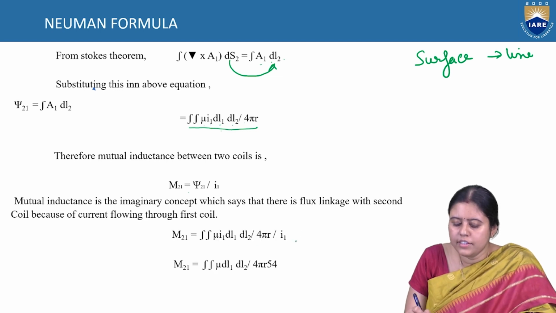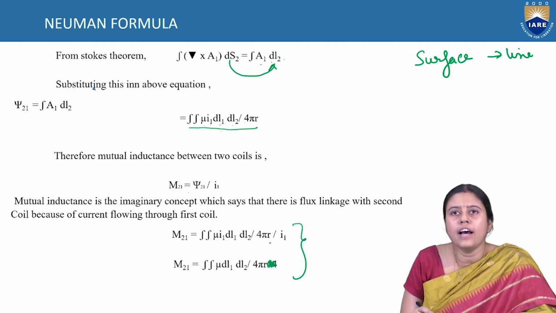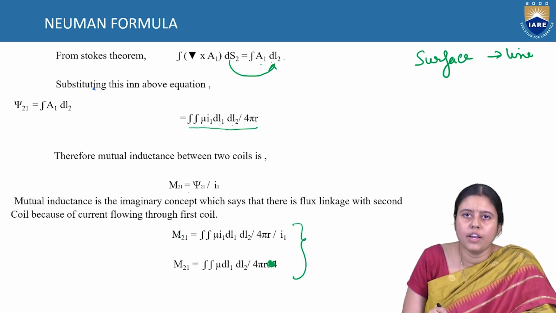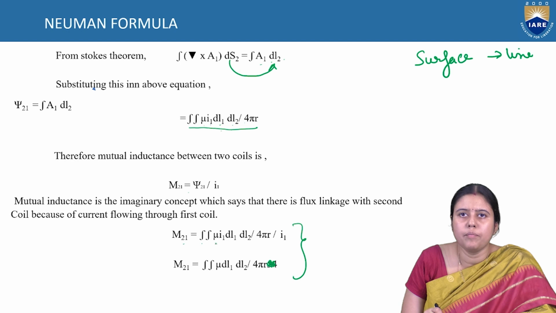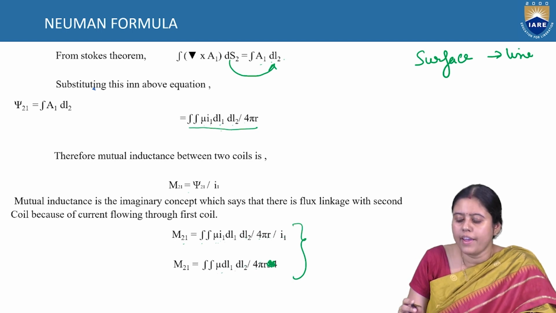So we got these two equations in the Neumann formula. M21 is equal to double integration of mu I1 dl1 dl2 by 4 pi r by I1. So I1 will cancel out, and we get mu dl1 dl2 by 4 pi r.